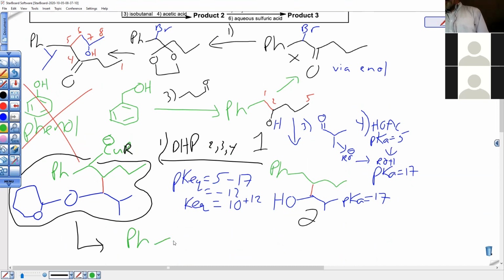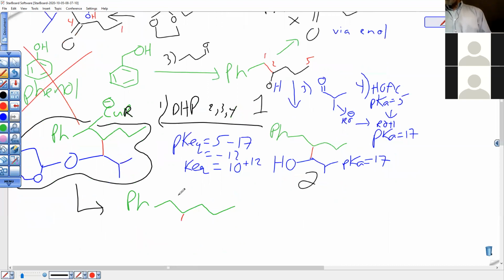Phenyl, CCCC, and down to here, new bond from a long time ago. And you're going to have your alcohol back. That's the deprotection.